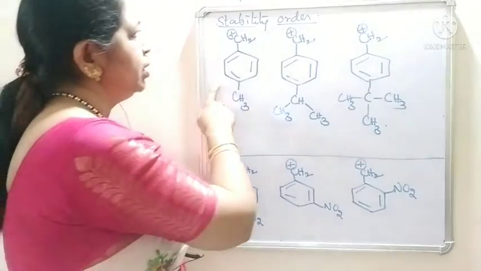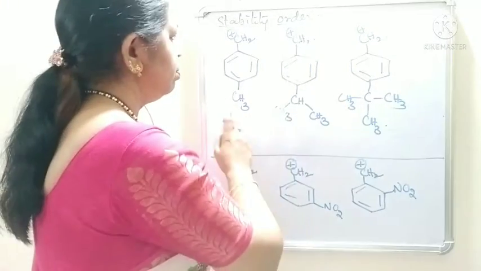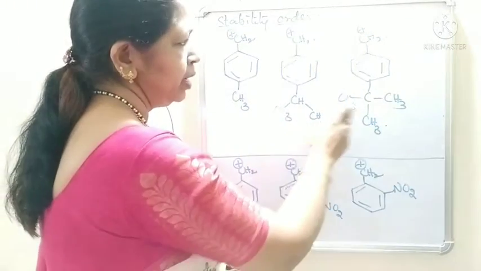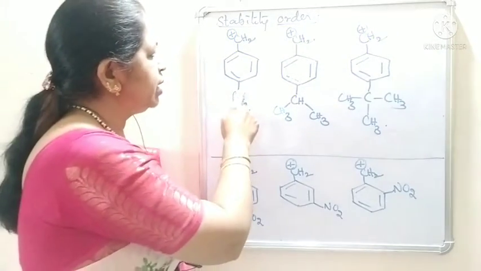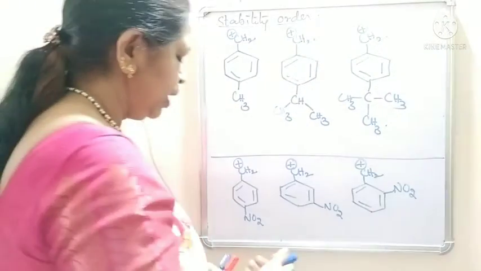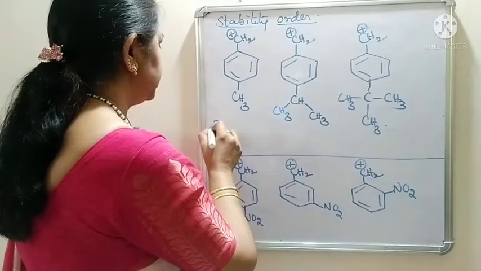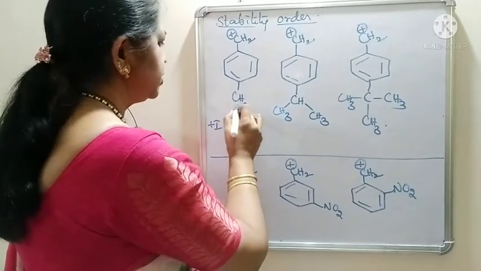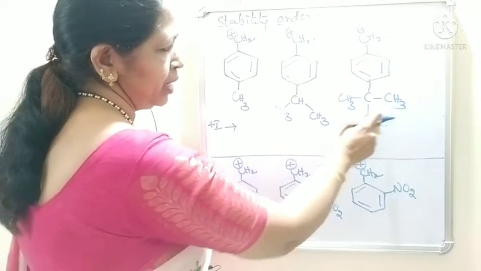This is benzyl carbonium ion, and at ortho position methyl, isopropyl and tertiary butyl groups are substituted. Now this methyl group is in resonance with these double bonds. So this shows plus I effect. Plus I effect is shown by methyl group, and there are 2 methyl groups and 3 methyl groups.